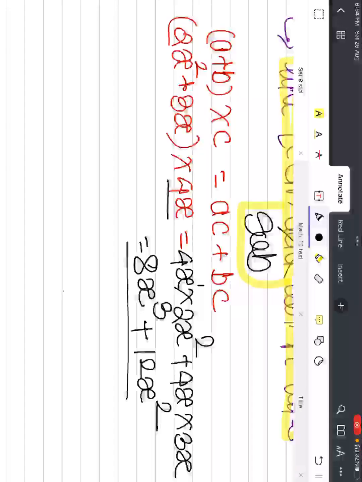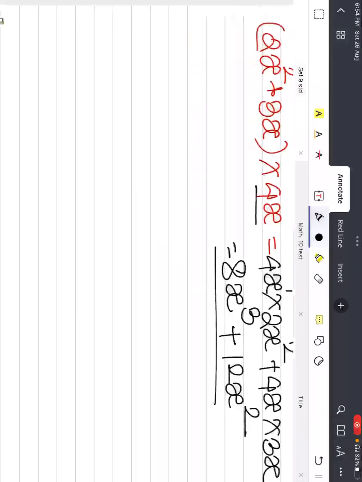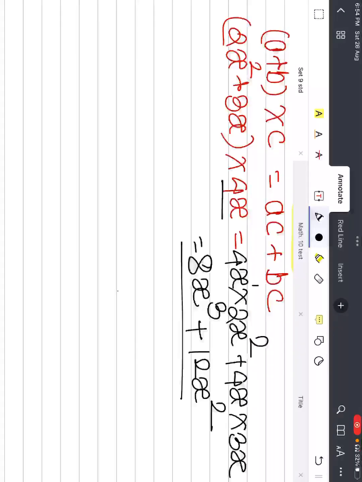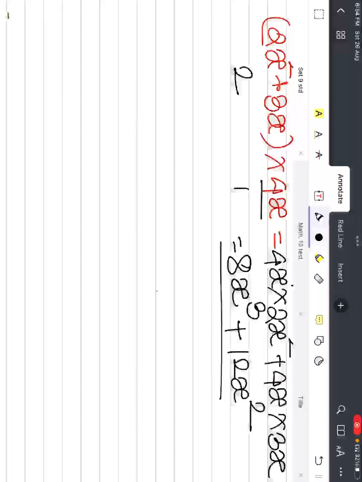Now next one, take a simple example of multiplication of a binomial to the trinomial. The previous was an example of multiplication of a monomial to the binomial. The next example is multiplication of a binomial to the trinomial.